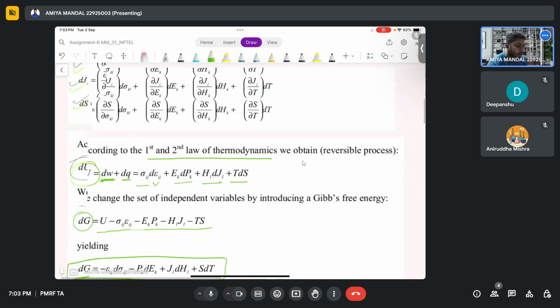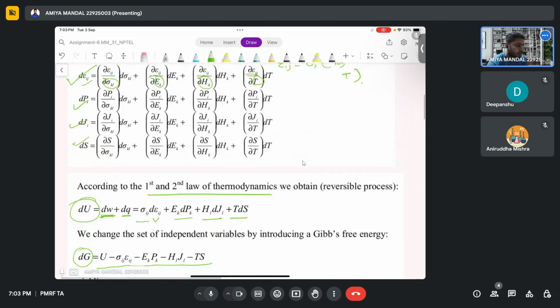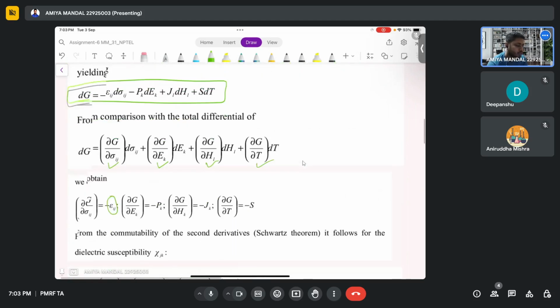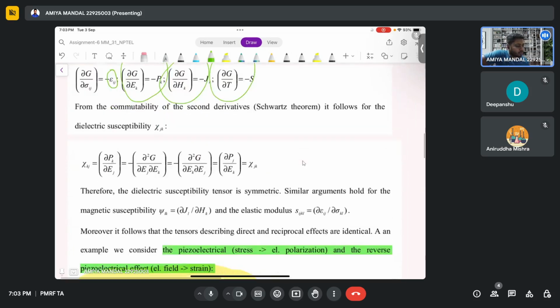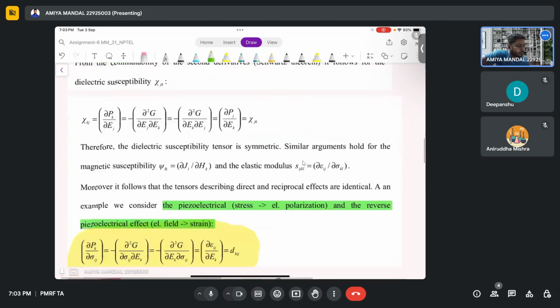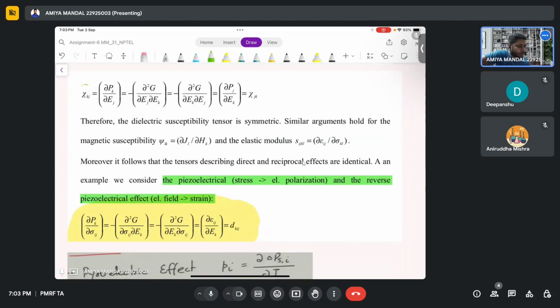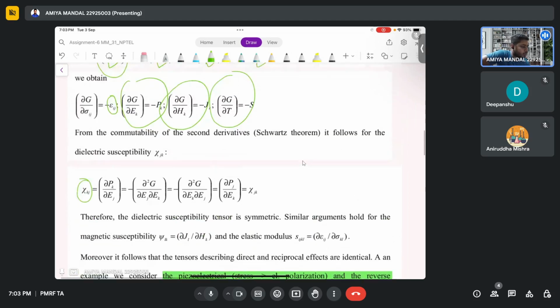Comparing these two, this denotes epsilon_ij, this denotes P_k, this denotes Z_k, and this denotes S. What is the main point? Chi_kj is the dielectric susceptibility.